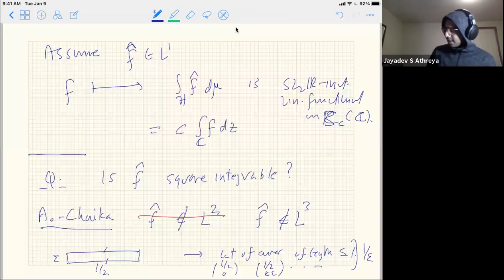Now, let's play a little game. The probabilists in the audience are nodding along, saying that would definitely prove you're not in L2, because if you have a random variable where the probability that it's bigger than t behaves like 1/t squared, then you're not going to get finite variance.